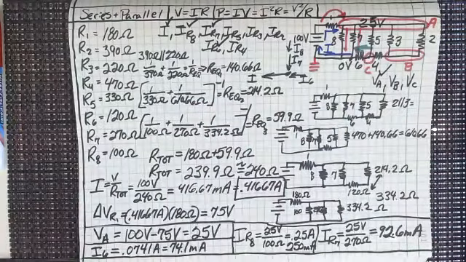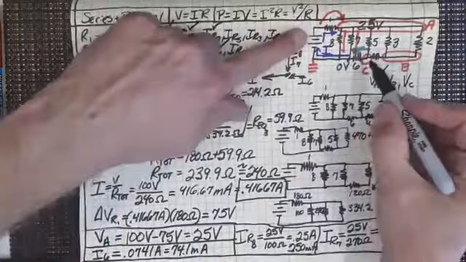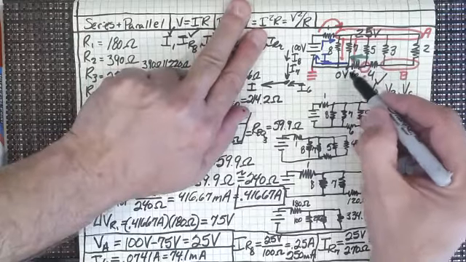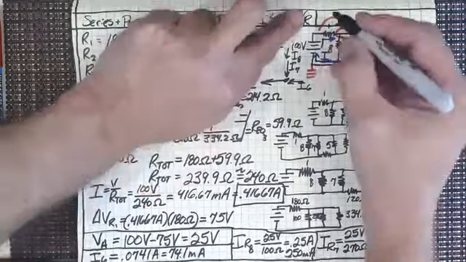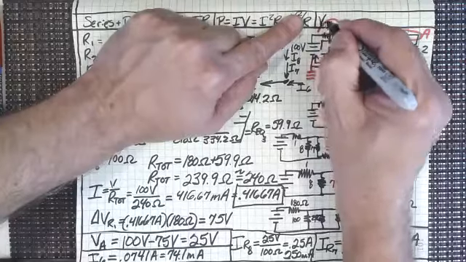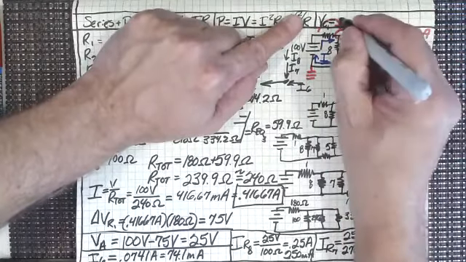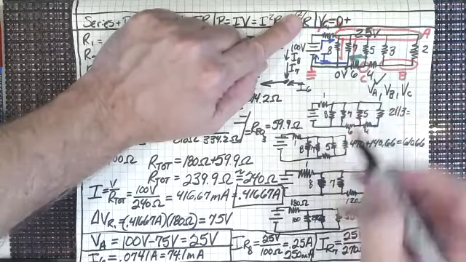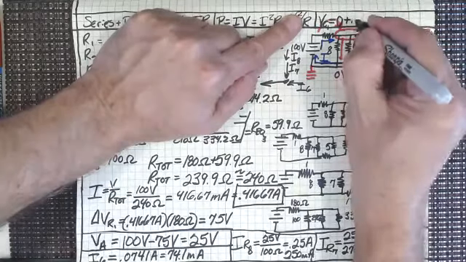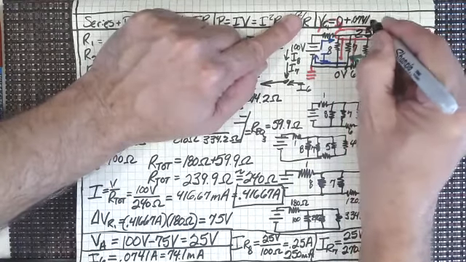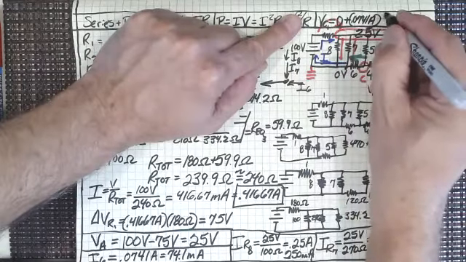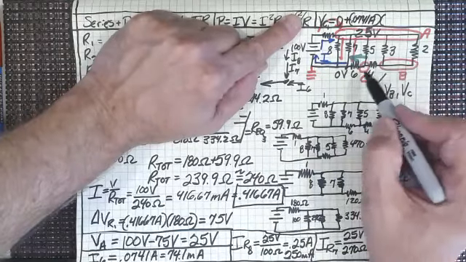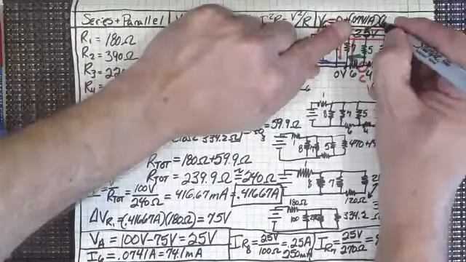We don't have V sub B, we don't have V sub C, but we're almost at V sub C right now, because we know the current going through there, and we know this voltage is 0. So V sub C equals 0 plus the current flowing through number 6, which we know is 0.0741 amps, times the resistance of number 6, which is 120 ohms.